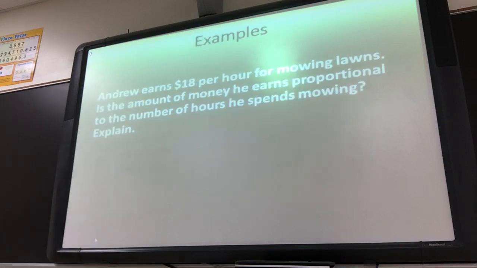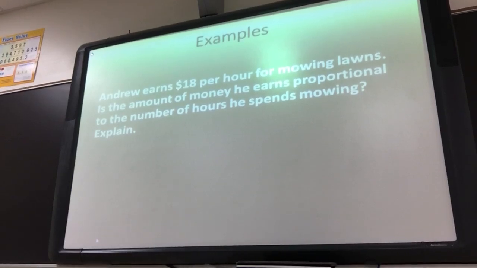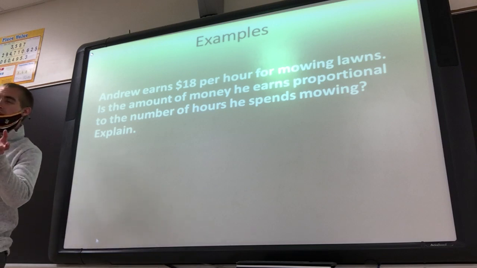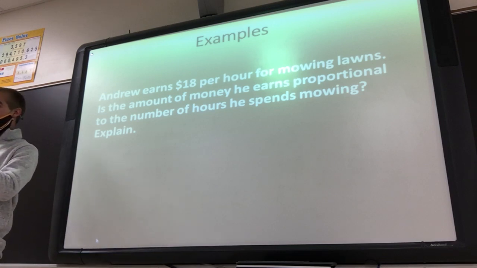So let's look at our examples. And a lot of today is just going to be explaining if a relationship is proportional or not. So the first one, Andrew earns $18 per hour for mowing lawns. Is the amount of money he earns proportional to the number of hours he spends mowing? So with proportional relationships, there's always two things.